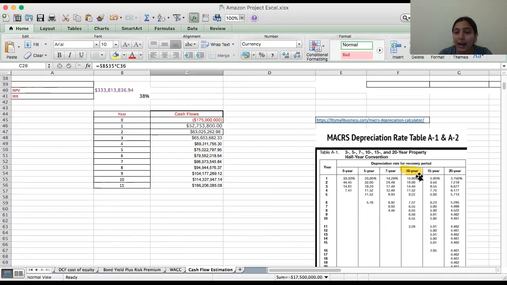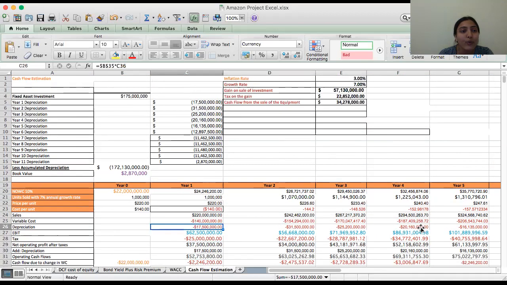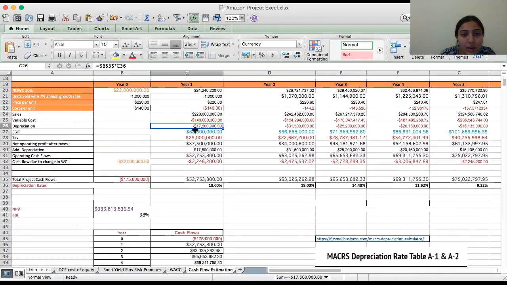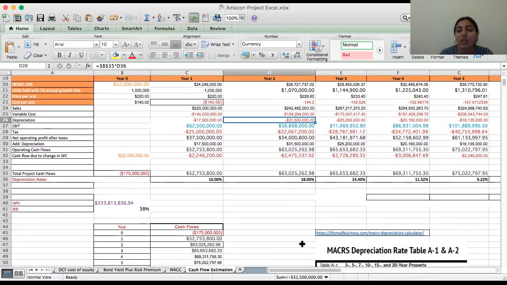So I have applied the 10-year depreciation rates to my fixed asset investment amount. Fixed asset investment amount multiplied by the depreciation rate for each of the 11 years. In this way, I got my depreciation amount for all the 11 years.